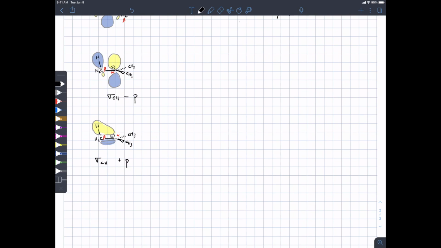Because of hyperconjugation, the electrons that are in the carbon-hydrogen bonds are already in a wannabe pi sort of relationship between the alpha and beta carbons.